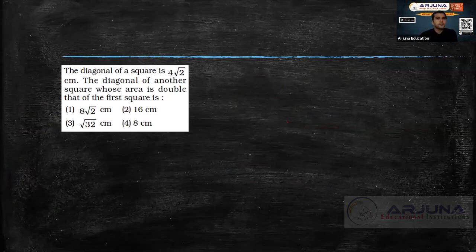What they have given is you have a square, the length is 4 root 2, and for another square where the area is double, you have to find the diagonal.